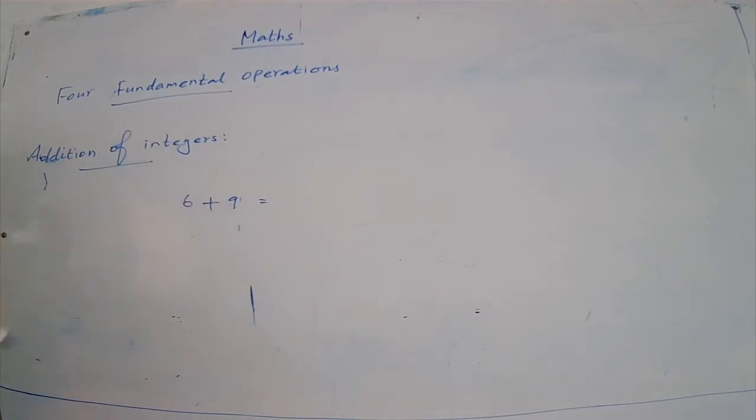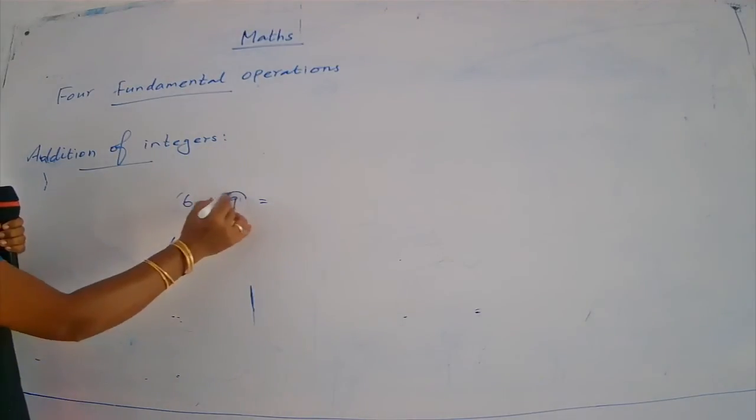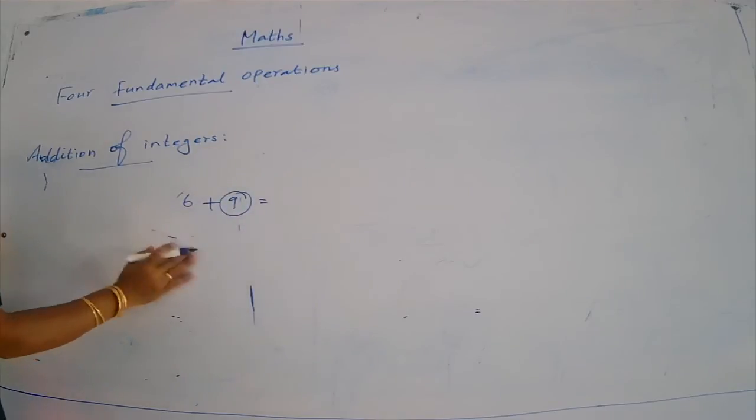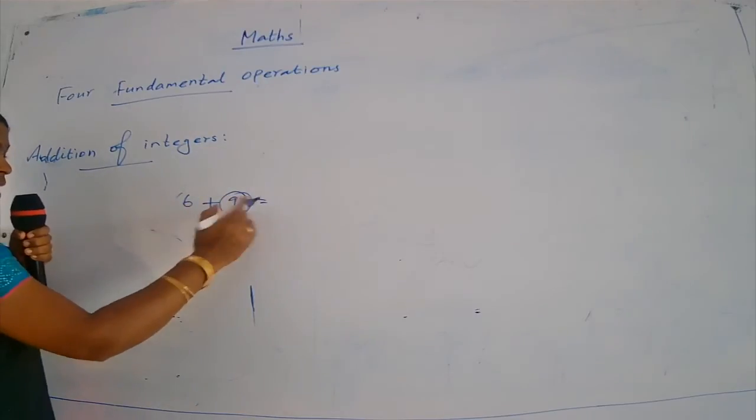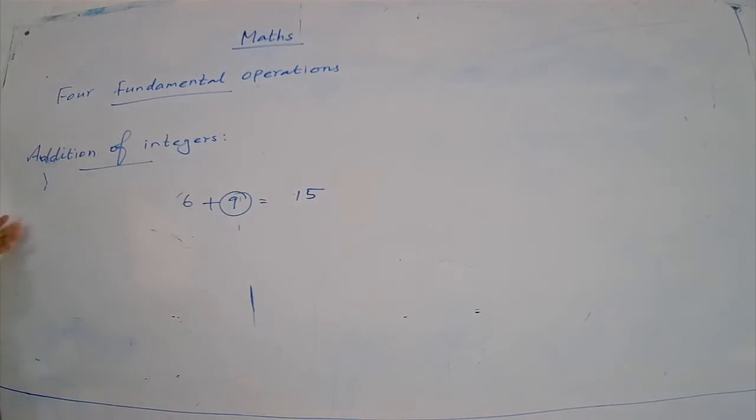If the integers have the same sign, we add the absolute values. What is the absolute value of 6? 6 only. And the absolute value of 9? 9 only. So you add 6 plus 9, which is 15.